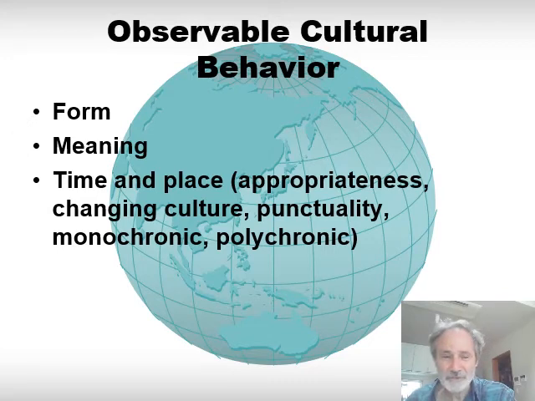It's also important to understand about monochronic and polychronic culture. In a monochronic culture, people generally like to do one thing at a time. They like to focus on one activity at a time. But in a polychronic culture, people can do many activities at one time. So imagine you're a businessman living in a monochronic culture and you have a business appointment with someone living in a polychronic culture. So you go to their office, you give them your name card, and you're expecting to talk to them one-on-one.